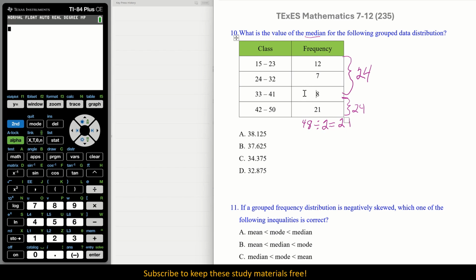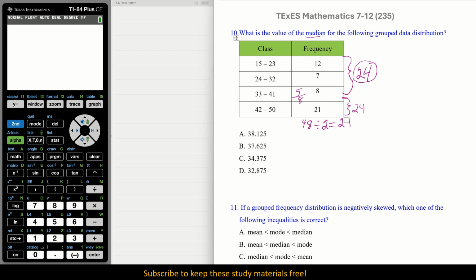Okay, so that tells me that we need 5 out of 8. If you remember how we get this, we go to the center and we look at how many numbers we need in our frequency to get the center value. We need 5 out of 8 in that row.